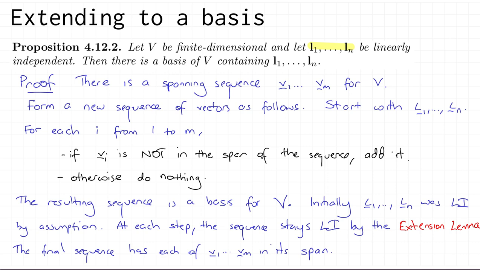But its span, being a subspace of v, is closed under taking linear combinations. So it contains any linear combination of v1 up to vm.